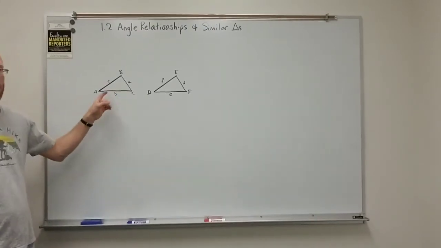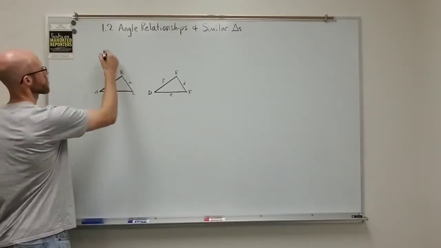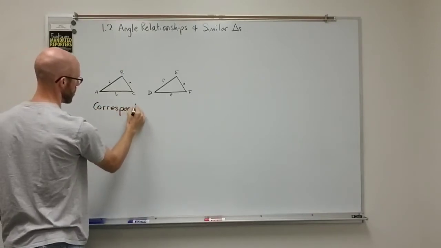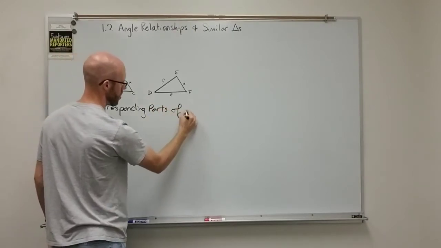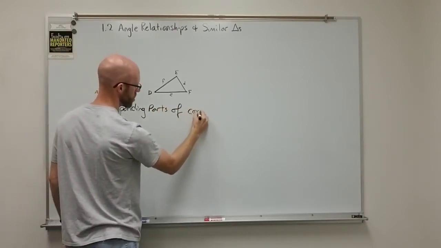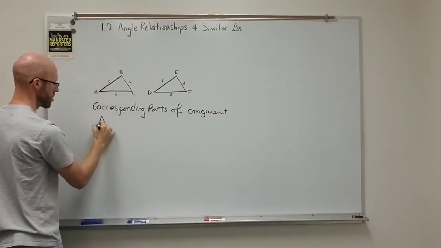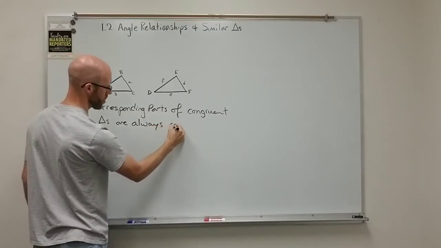So what's interesting then is that the corresponding parts are always congruent. Okay, so corresponding parts of congruent triangles are always congruent.